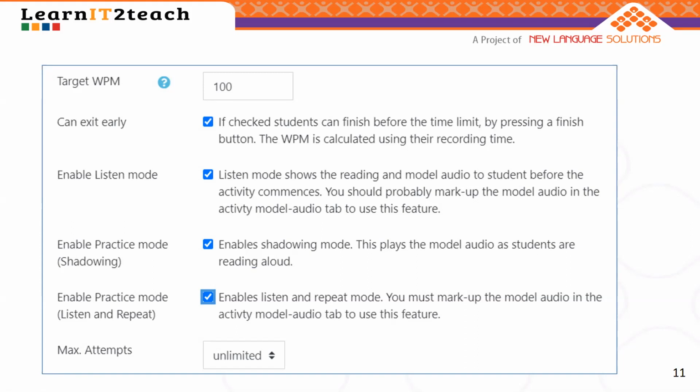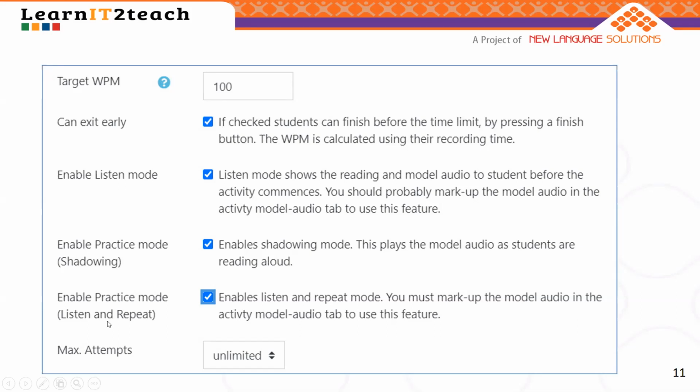And the next one, the enable practice mode or shadowing checkbox, is another interesting feature that allows the learners to read the passage while the model audio is playing. Enabling this option can give the learners an excellent opportunity to adjust their pronunciation, intonation, and speed to the model audio.